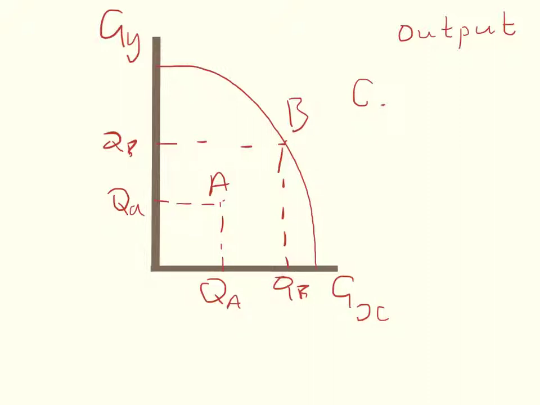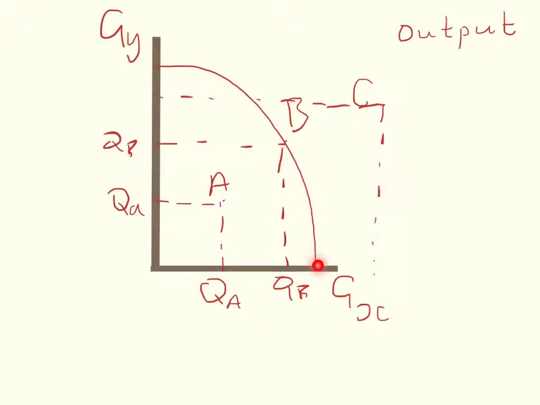So given points A and B, what do you think we can say about point C? Well, if we try and join up point C, we can see that it's fanciful. It is outside our production possibility frontier. This frontier represents the potential for an economy to produce goods and services.